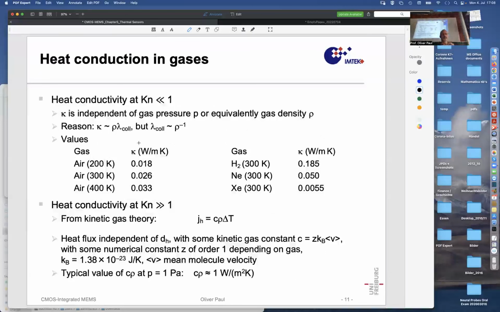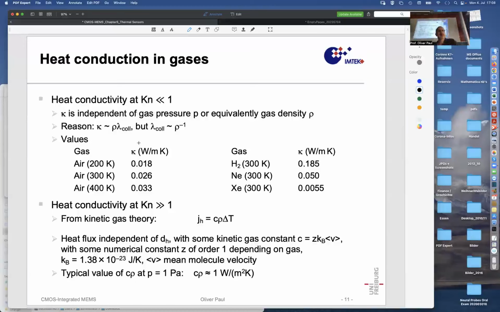It is interesting that kappa is independent of the density of the gas. Who would have believed that? Do you? If I had asked, how does kappa, the thermal conduction of gases, depend on the pressure or on the density of the gas?